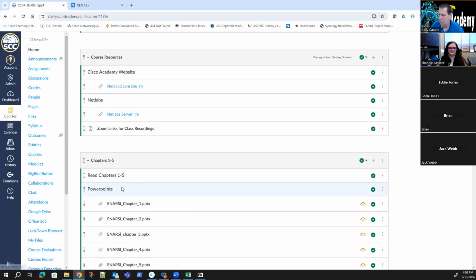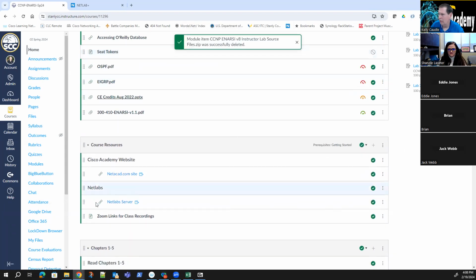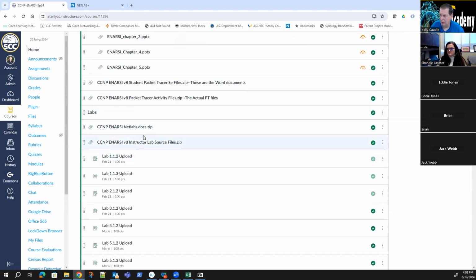Let's do this. I'm going to remove these just so I'm connected to the correct one, and I'll leave it down here so it's closer to the lab so you can see them, if that's okay. But you can look in here if you're doing the troubleshooting labs and you're lost and don't know what's going on, go look in there and they'll tell you. Now, here's the other thing.